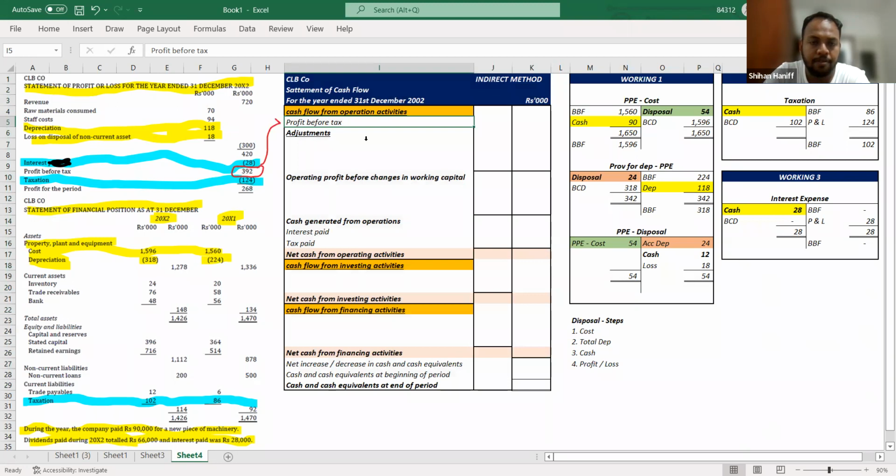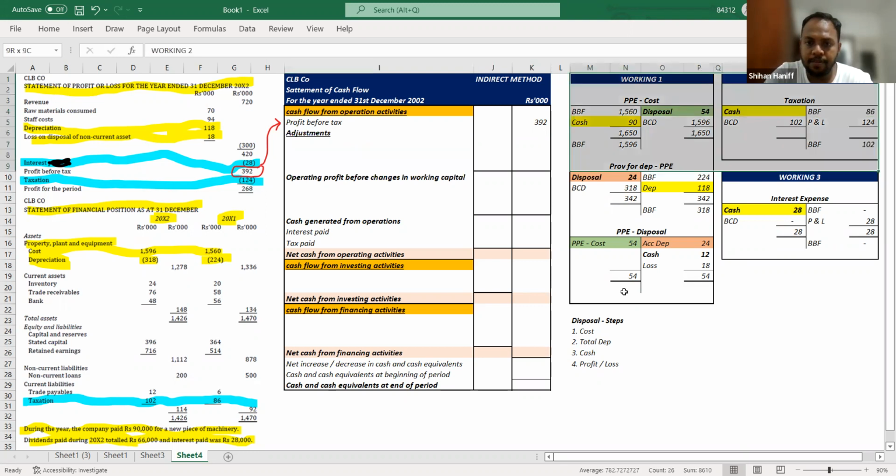So we'll take that profit before tax into our answer. Now the adjustments.